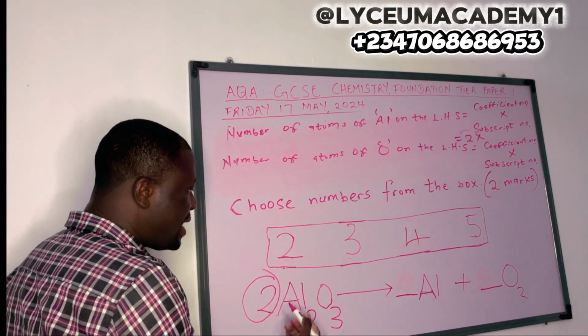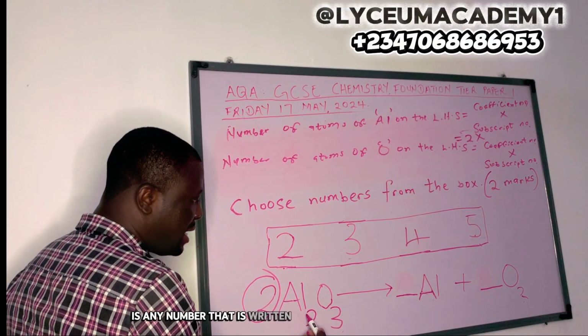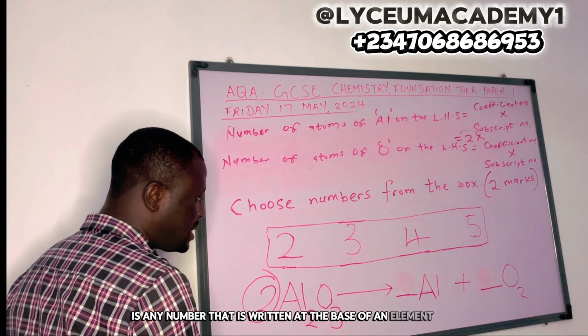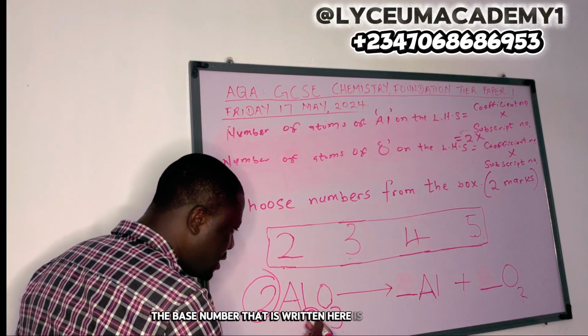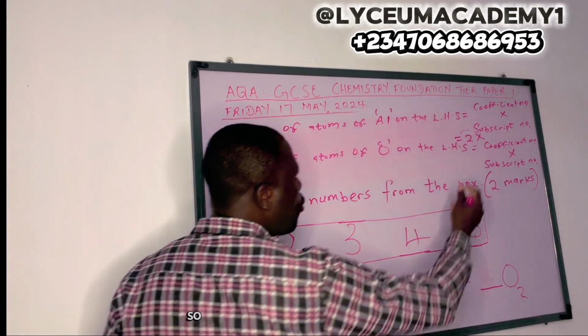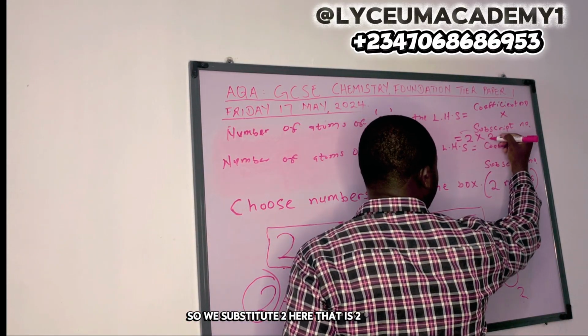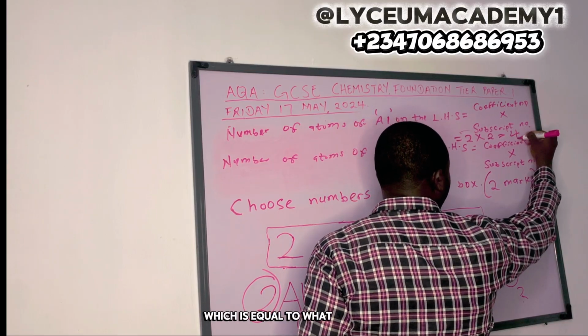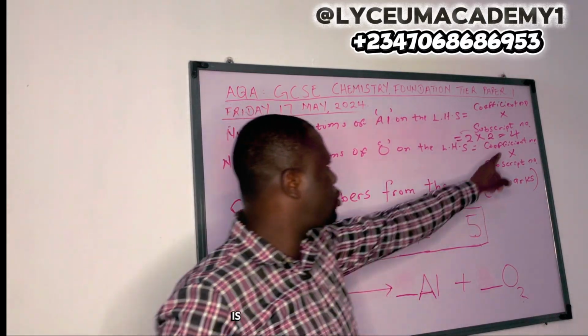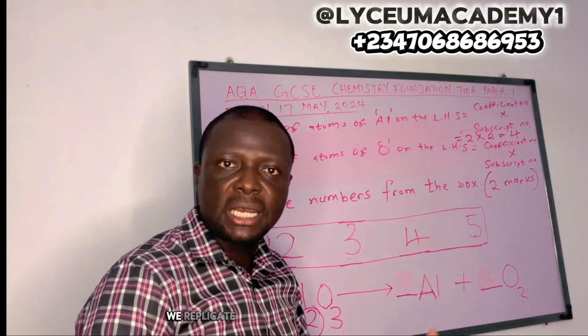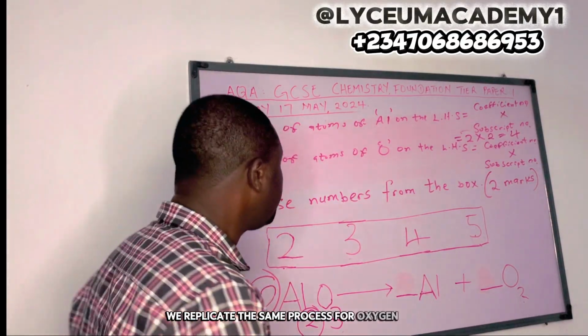Subscript number is any number that is written at the base of an element. In the case of aluminium, the base number that is written here is what? Is 2. So we substitute 2 here. That is 2 times 2, which is equal to what? 4. Meaning the number of atoms of aluminium on the left-hand side is equal to 4.